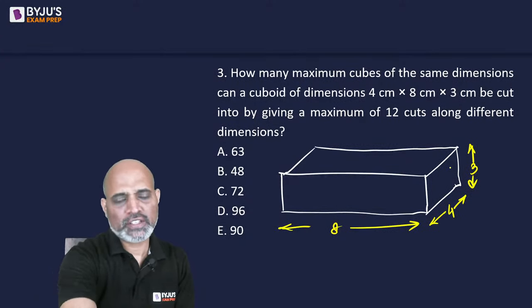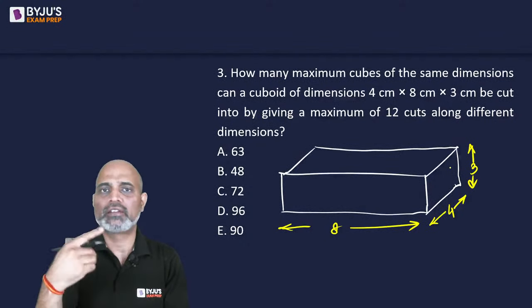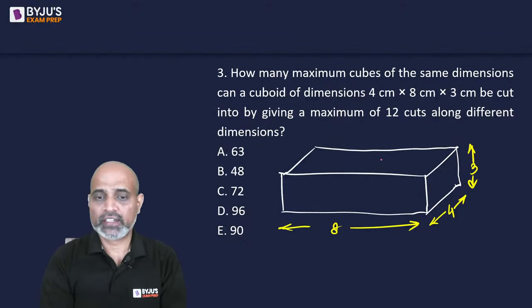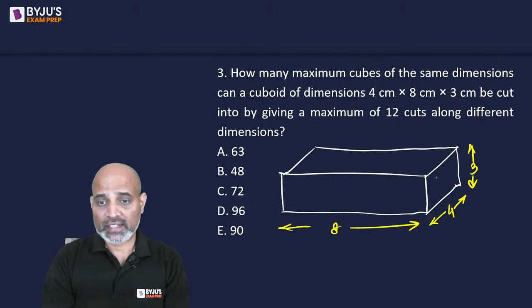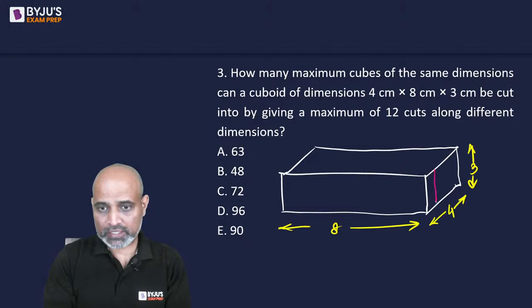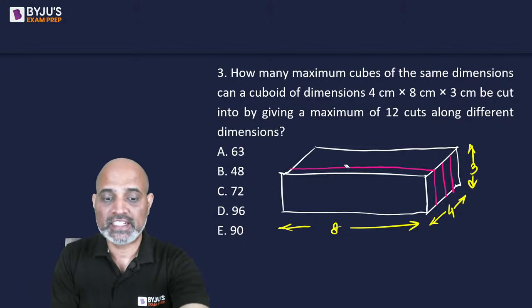So obviously the first thing that strikes is let's form cubes of dimension 1 cross 1 cross 1, right? If I have 4 centimeter as the breadth, then I need to make only 3 cuts so that it divides into 4 slices of 1 centimeter. Agreed? Such that each slice is 1 centimeter in width.